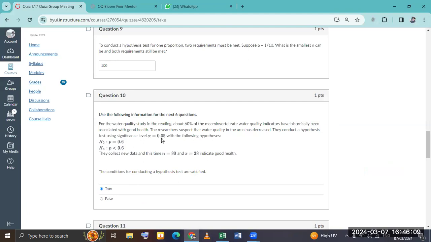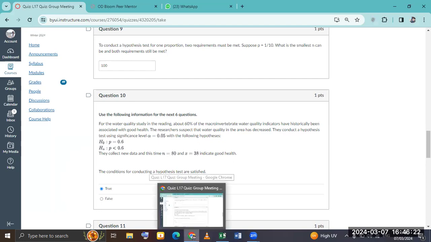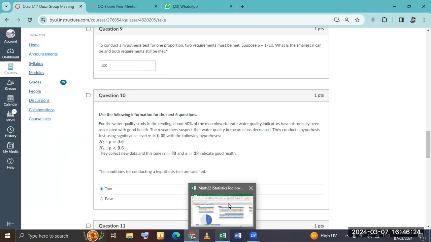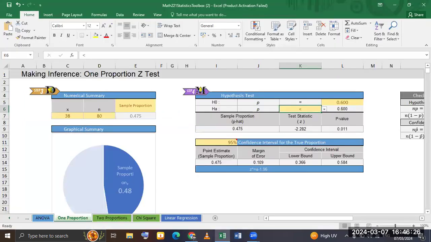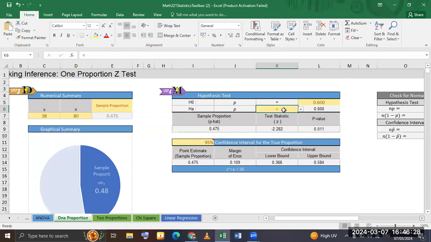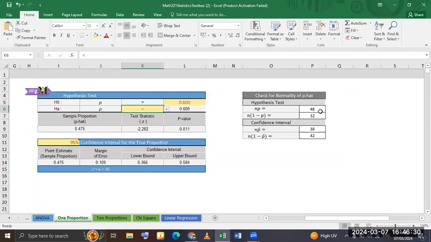So the very first one is they collected a sample, this random sample, which is 80. And if you look at this one right here, you see that both numbers are greater than 10, so they are satisfied.